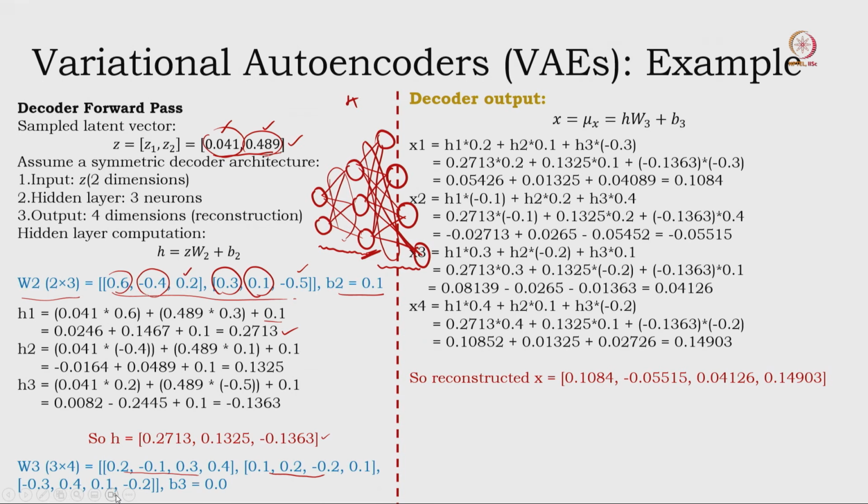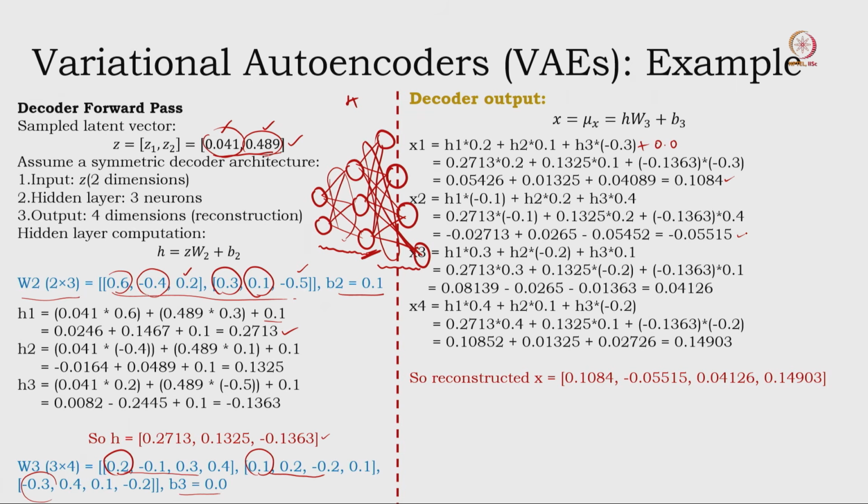How will you do it? First H1 is multiplied by this weight, then H2 is multiplied by this weight, and H3 is multiplied by this weight, plus the bias term. For simplicity, the bias taken is 0.0. Since the bias is 0, we have not written it. You do this calculation and you will get these numbers.